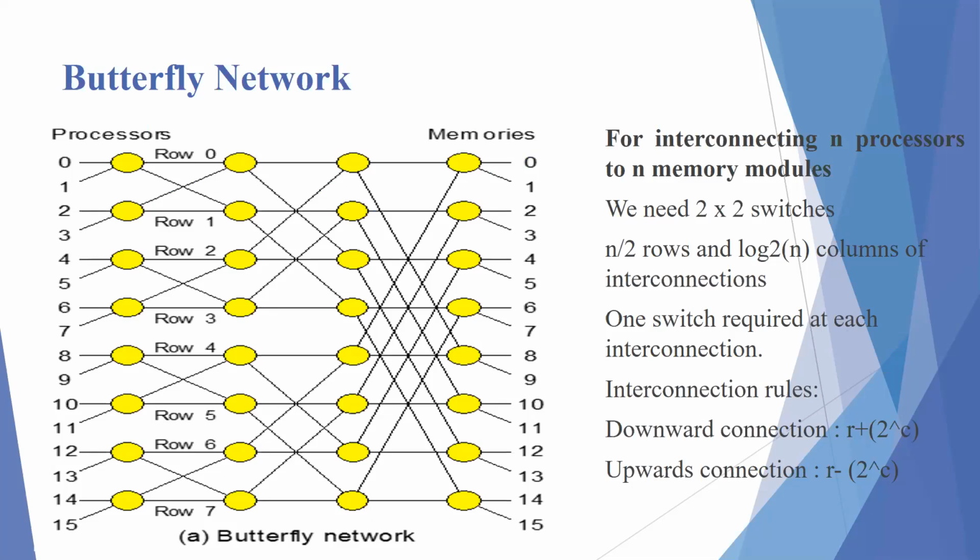We can never have a standalone memory connected to a standalone processor. This is not possible. Sometimes we need to have coherence. The same data unit might be required by some other processor also. So we need to have interconnected memory modules.